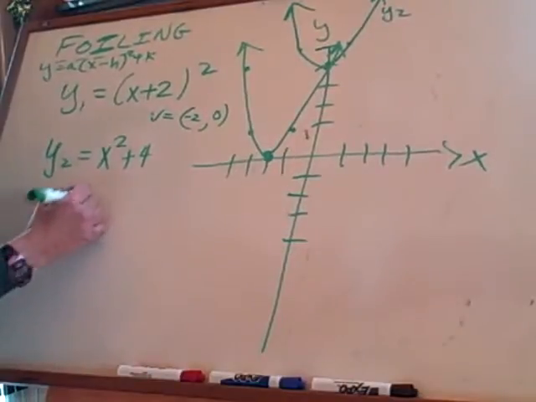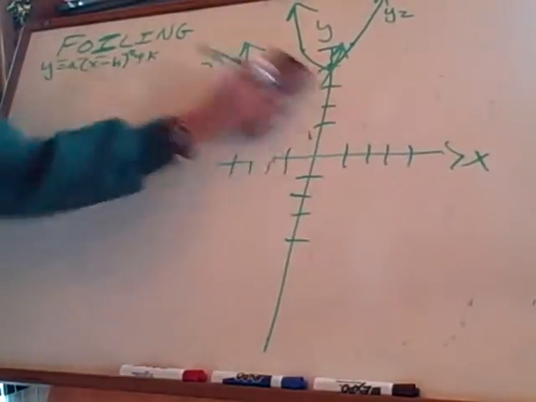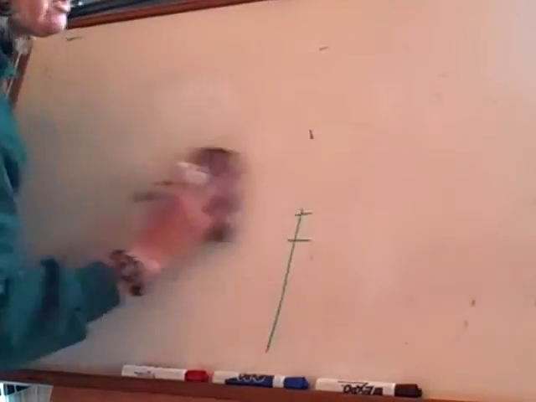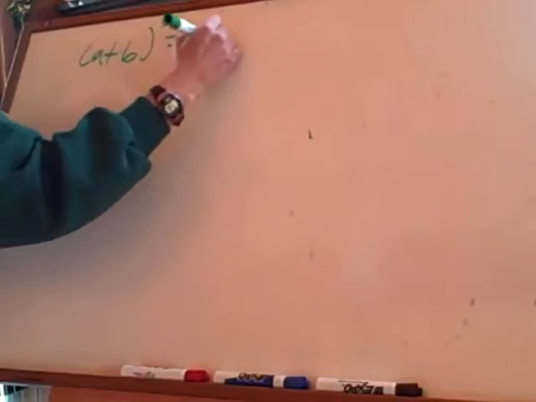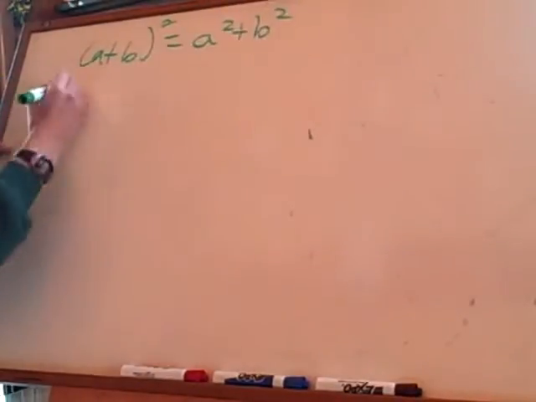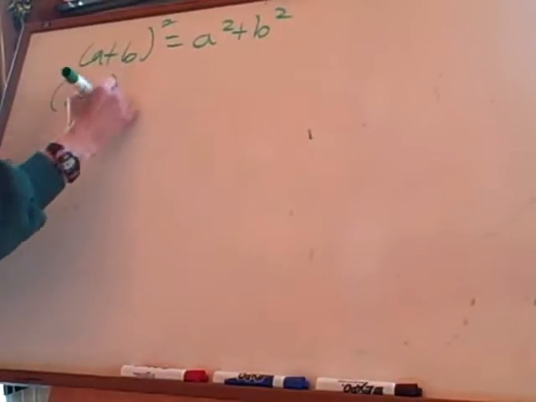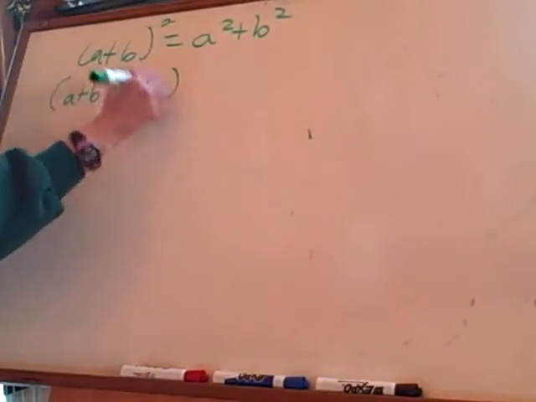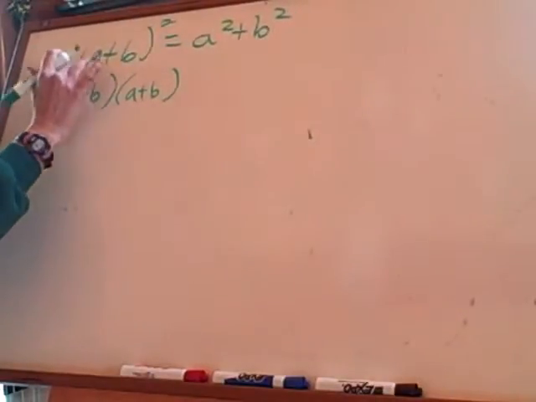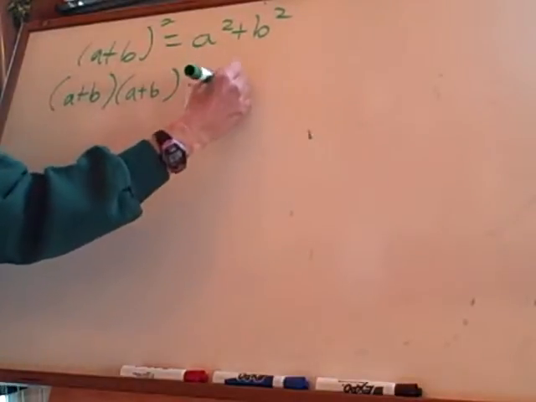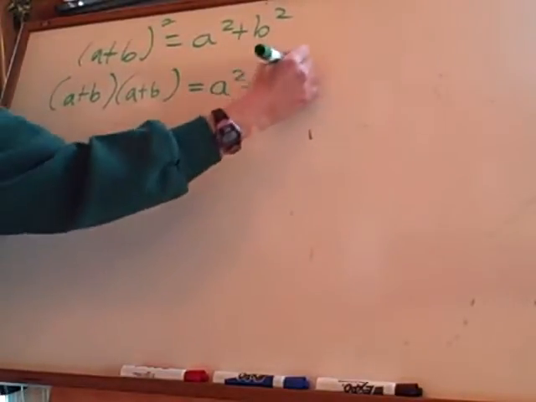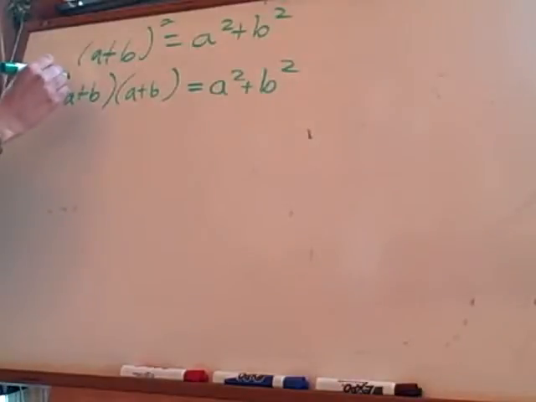All right, let's look at it algebraically real quick. Let me just erase this. Well, start with a blank slate. All right, (a + b) quantity squared equals a squared plus b squared. So we're going to rewrite this as (a + b) times (a + b), because whenever you have a square as an exponent, it means you multiply everything inside that parenthesis by itself that many times. So now we're going to do our FOIL: first, outer, inner, last.